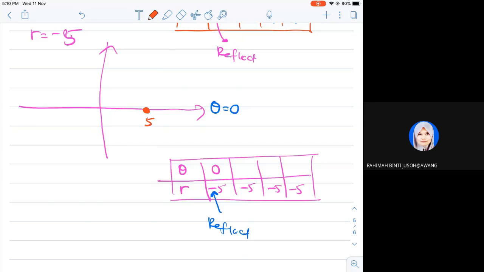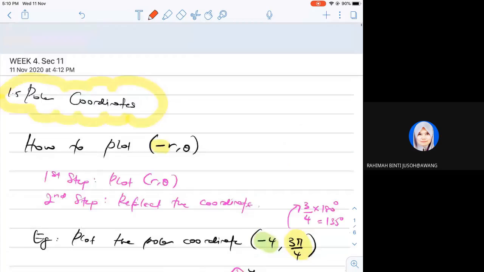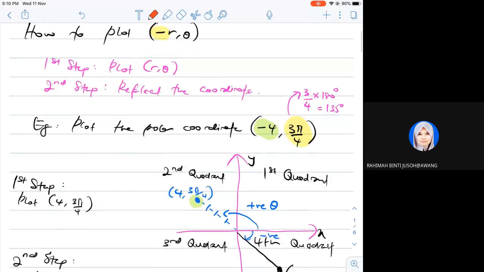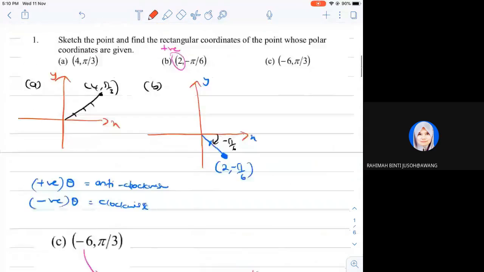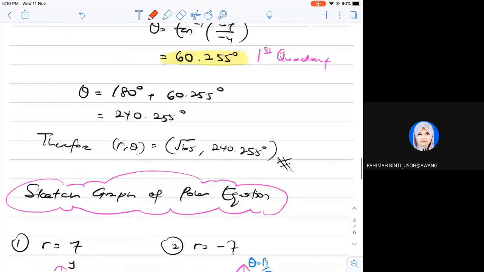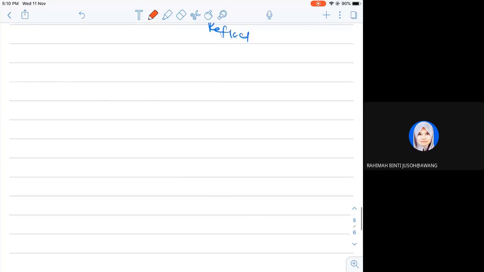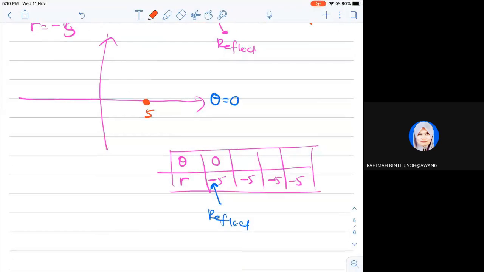So konsep negative radius, how to plot negative R, we need to reflect, isn't it? Instead of dia berada pada sudut 0, sebab radius negatif, kita kena reflect ke belakang.